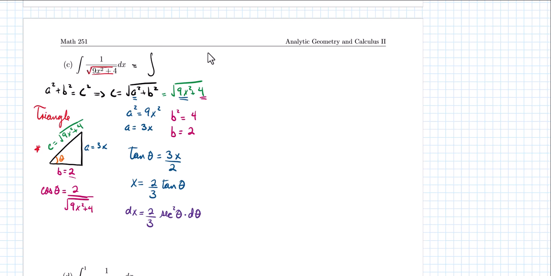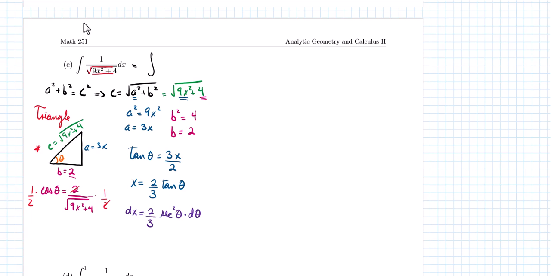Is there a way that we can rewrite this one with a trig function? Well, if you take a look at the way that we defined the cosine, we have the cosine of theta is the same thing as 2 over the square root of 9x squared plus 4. So what we can do here is essentially multiply by 1/2. So now I have a 1 over the square root of 9x squared plus 4. That's the same thing as a 1/2 times the cosine.